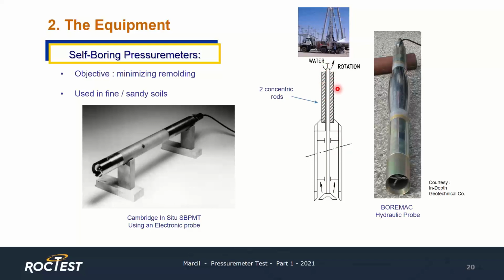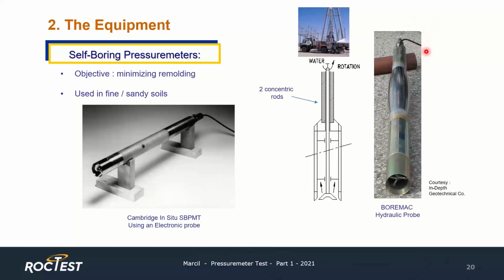And there's also an outer rod. The outer rod is used for holding the probe, for pushing or pulling the probe, and the inner rod is used for injecting water and for applying some rotational movement to the cutting tools. The cuttings are evacuated through the probe up to the surface.